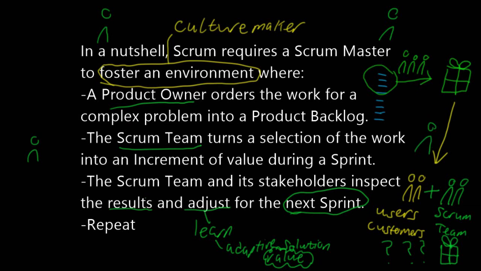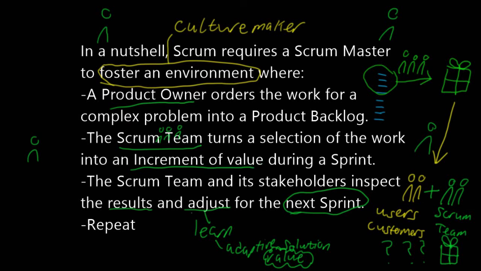But the whole Scrum team is collaborating together, they're focused together as one team. In one sense you lose yourself on a Scrum team because it's not just about your individual work. It's ultimately about your work and how it contributes to the team delivering this increment of value during a sprint.